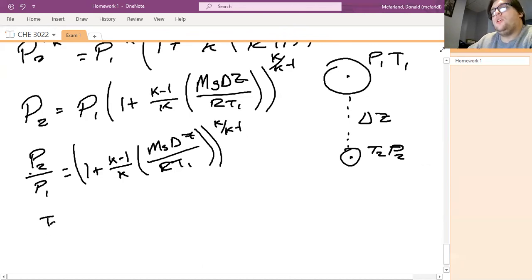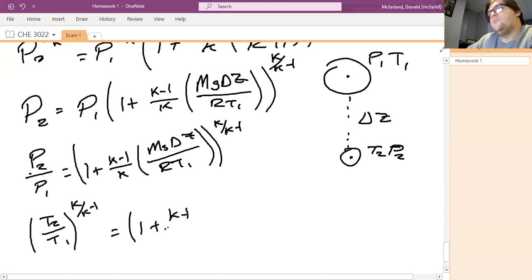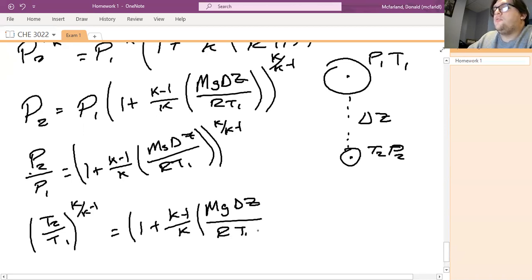So we have T2 over T1 raised to the K over K minus 1, which will be equal to 1 plus K minus 1 over K multiplied by molecular weight times acceleration due to gravity, change in depth, over gas constant and initial temperature.